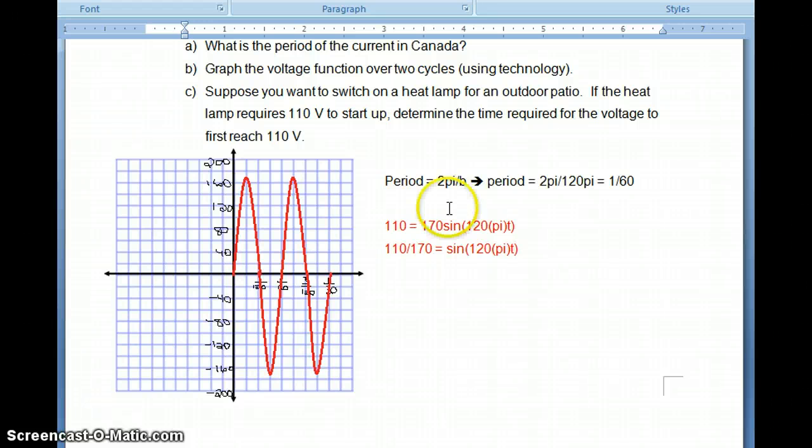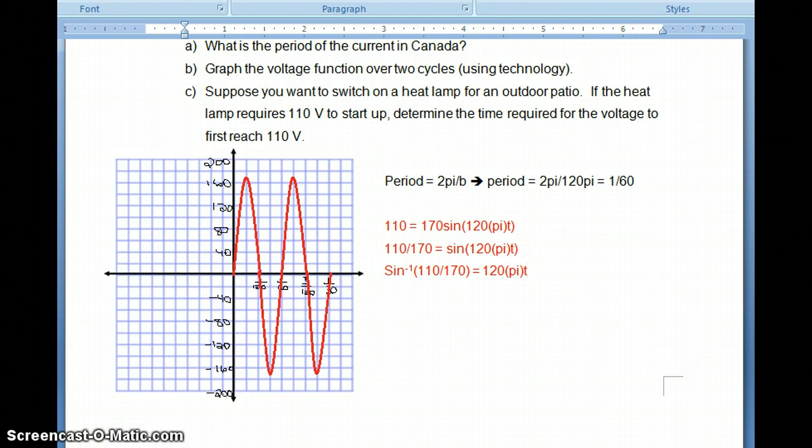Okay, so next I can't do anything with inside here yet because it's all still one little function. It all has to do with our sine here, so we need to get rid of sine, so we're going to do the opposite operation. So we have sine inverse of 110 divided by 170, and that is equal to 120 times pi times t.